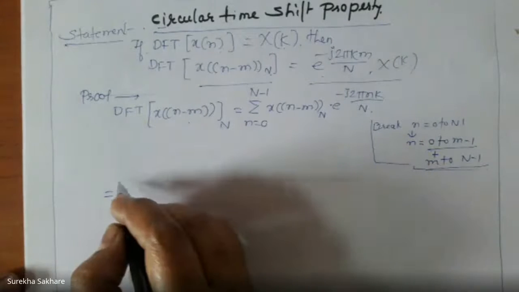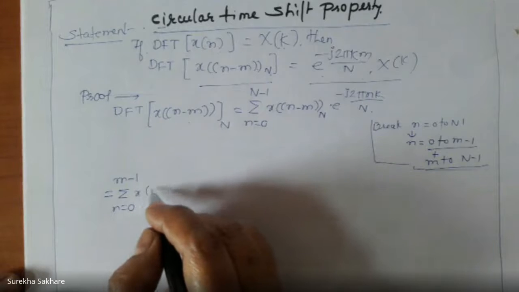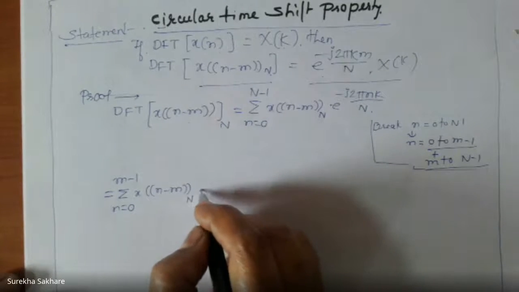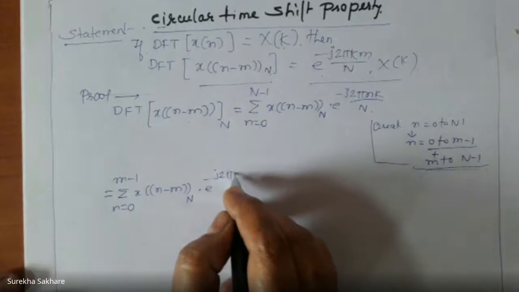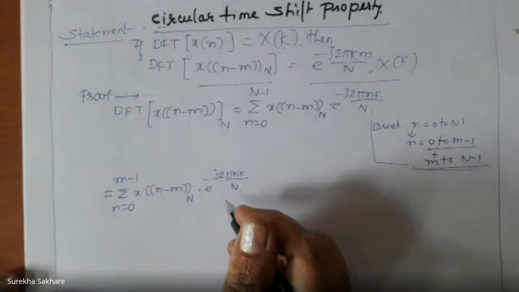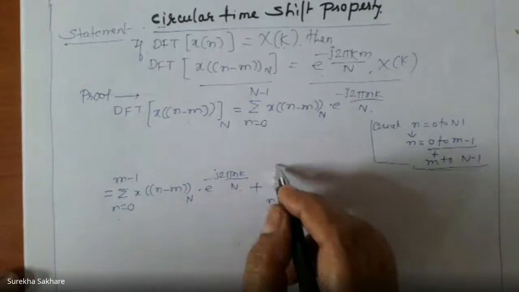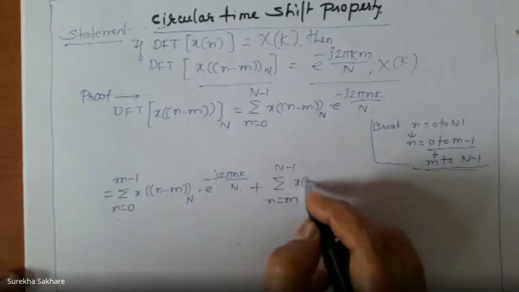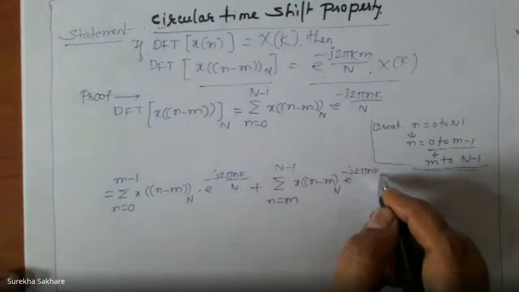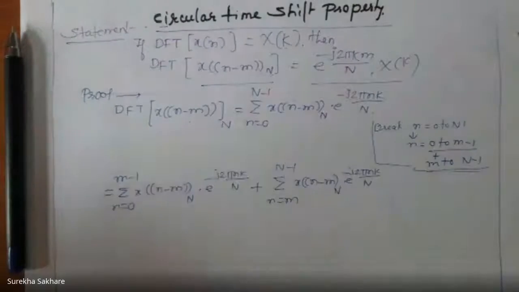Now I will call this equation 1. We can't take this circular shift as it is. We have to relate it with the linear shift, and it is equal to x of n minus m.